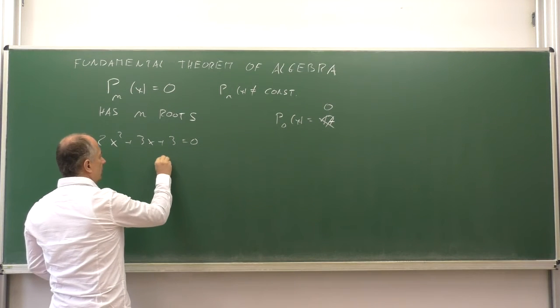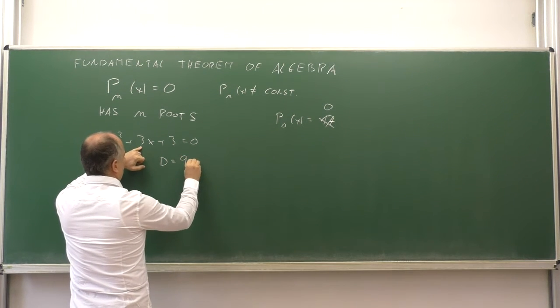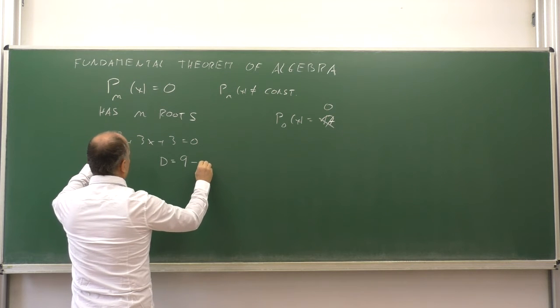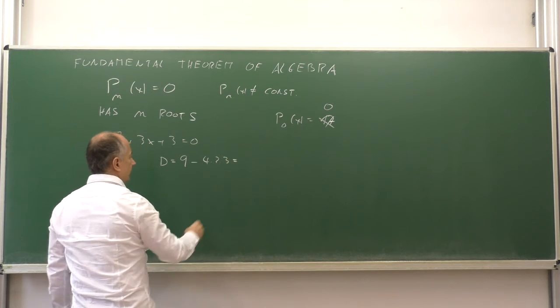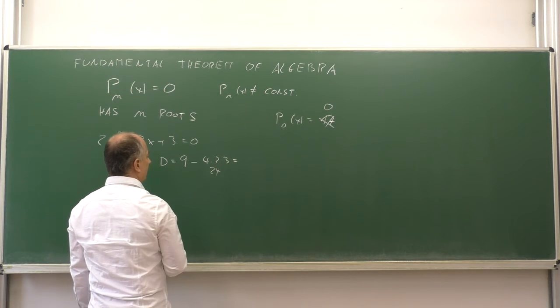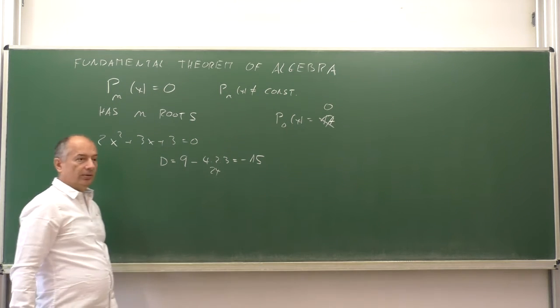When we compute the discriminant, we have b squared minus 4ac, which is 9 minus 24, and 9 minus 24 is minus 15.